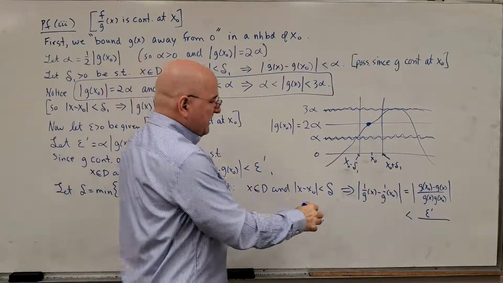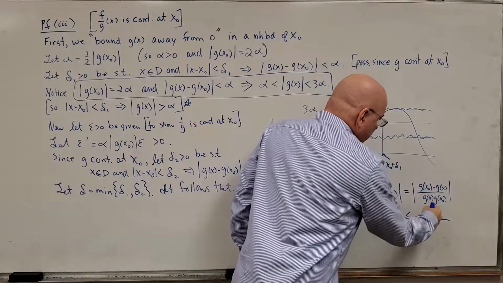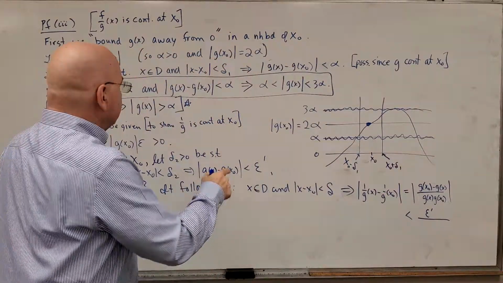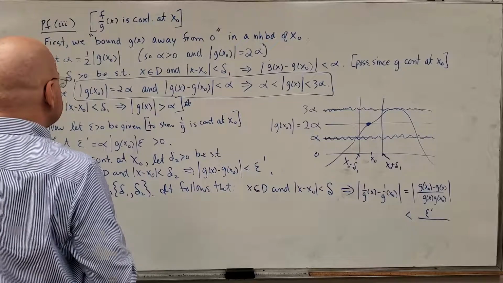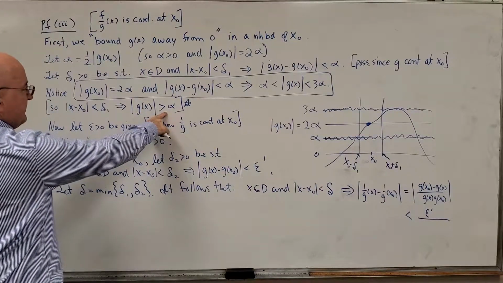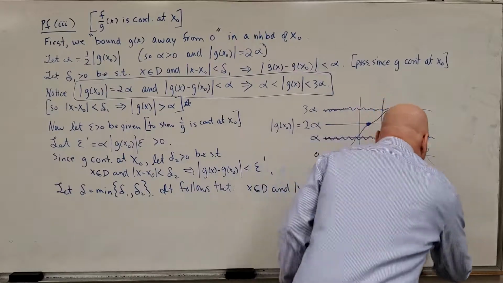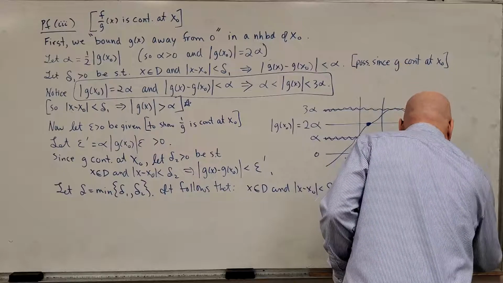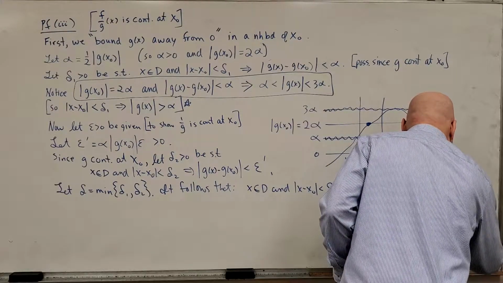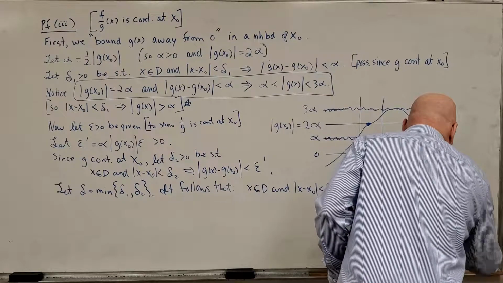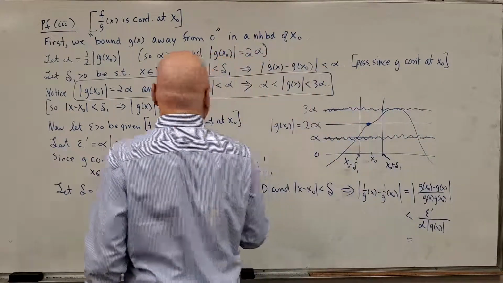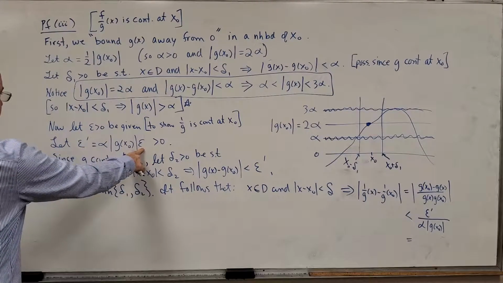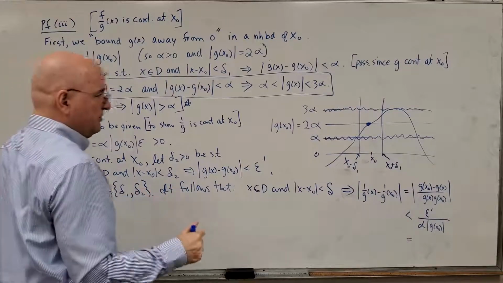Okay, so if I want to make this bigger, I can either make the top bigger or the bottom smaller. So I can replace the absolute value of g of x, because of this, with alpha. And the absolute value of g of x naught, and that is equal to, let's see, epsilon prime over that. So that's equal to epsilon.